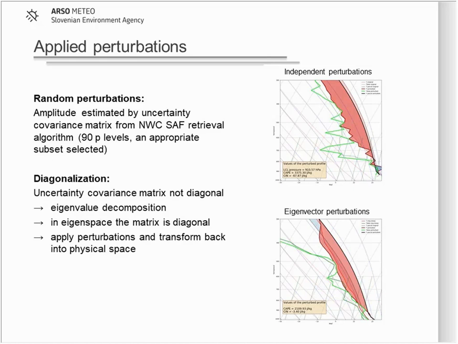So we have to diagonalize this uncertainty covariance matrix through the eigenvalue decomposition. We calculated eigenvalues and eigenvectors and transformed the matrix into the eigenspace where it is diagonal, and there we apply the perturbations and then transform this back into the physical space, and this is an example of what kind of new profiles we get.